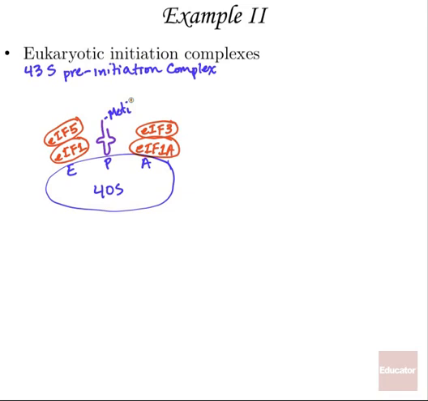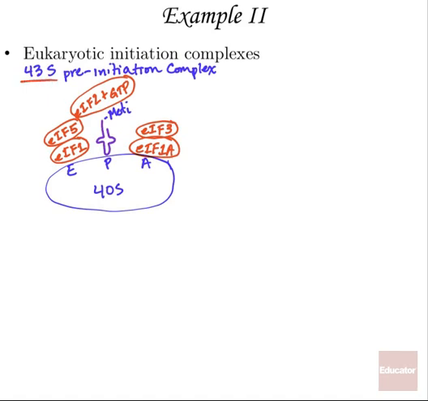And then we have, oh yes, our last one, EIF2 plus GTP, binding here. And that's going to help position the methionine in the proper P site. So this is the 43S.